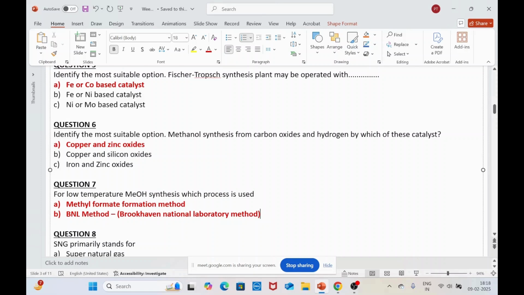What is the temperature in case of the conventional process, and what is the temperature in case of your low temperature synthesis method? You don't need to be exact, you can just state an approximate value which you think might be correct.